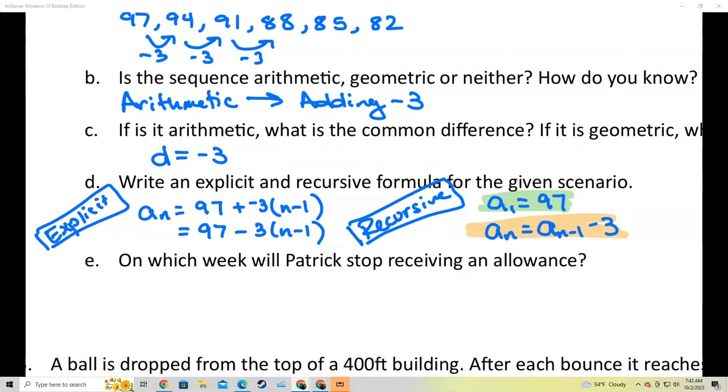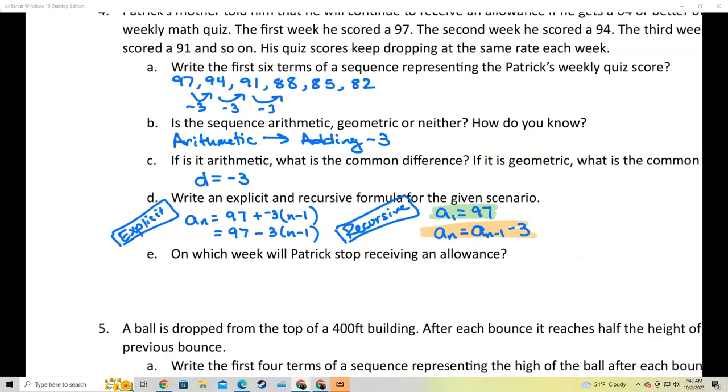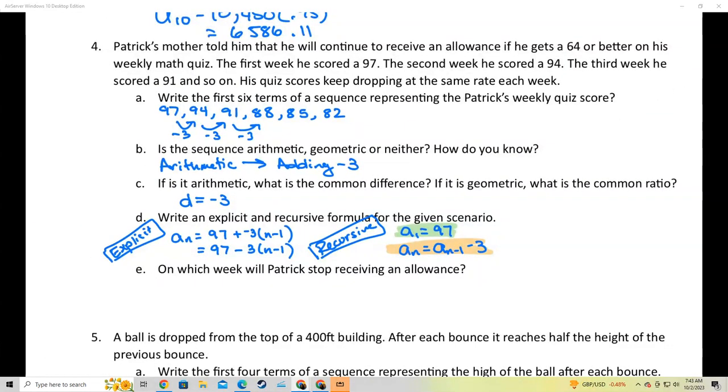On which week will Patrick stop receiving an allowance? Well, I know that for him to get an allowance, he needs to score a 64. Nope, just kidding. What does it say? He needs to get a 64 or better. I forgot to be highlighting the word problems. I really should have been highlighting those word problems.